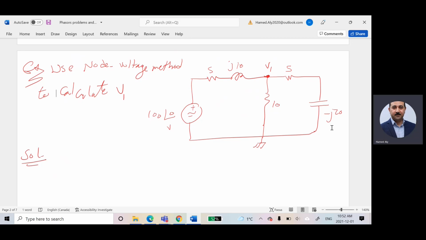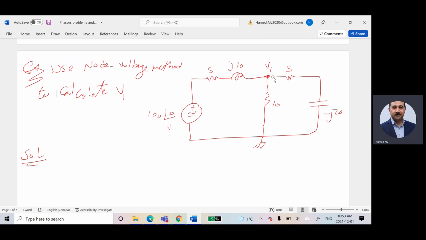That's why I'll leave it in phasors. But if I gave you 100 sine omega t plus whatever angle, then to calculate V1 you would solve the problem in the phasor domain, but after that you would convert it to the time domain. But right now, I will not do that. I will solve the problem in the phasor domain.